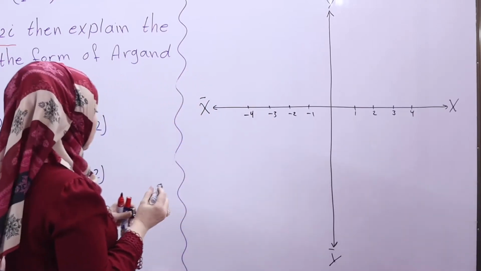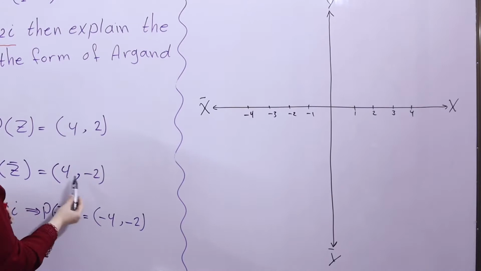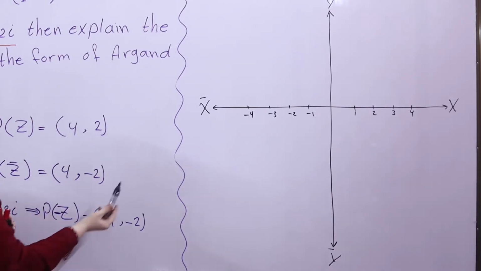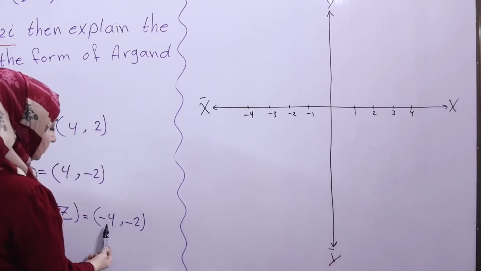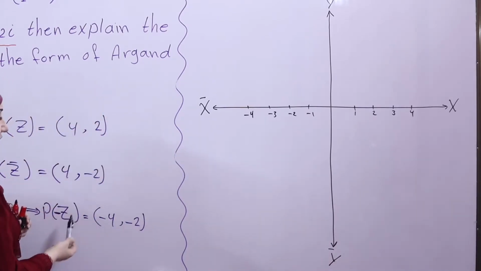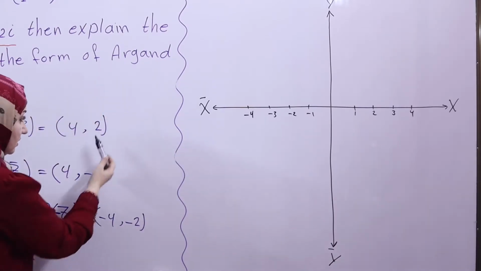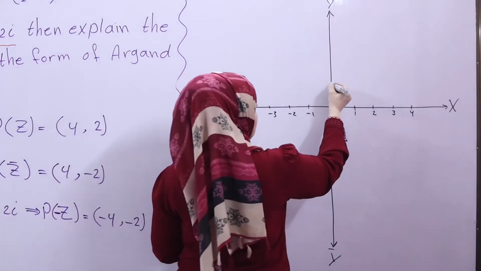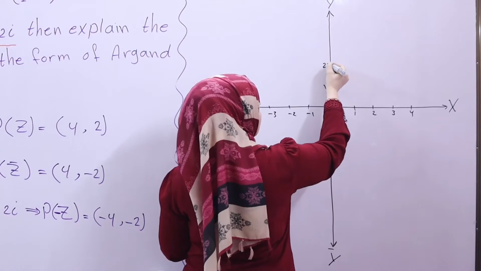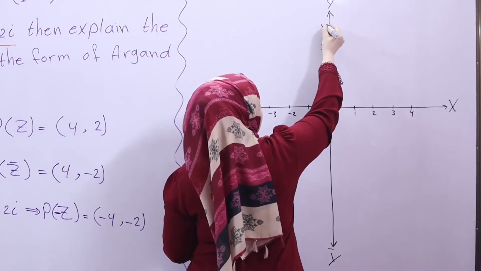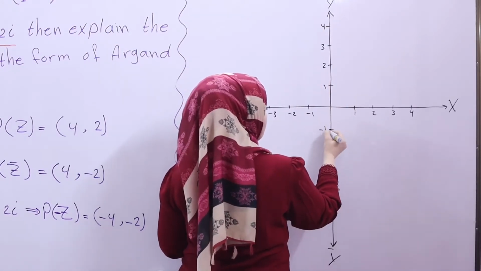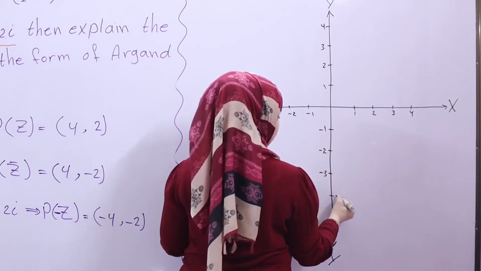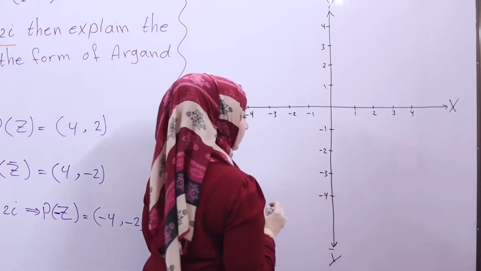We take the numbers which we need. For x, we need positive 4 and negative 4. The y coordinate is between positive 2 and negative 2, so we write 1, 2, and on the negative axis negative 1, negative 2.